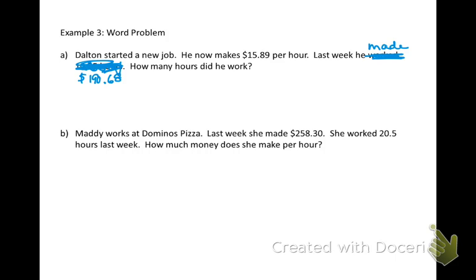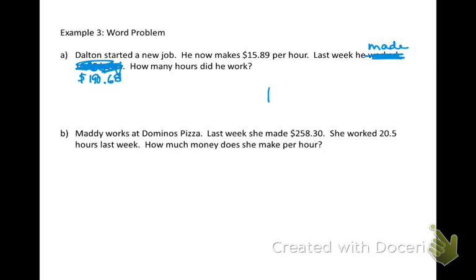So it's now Dalton started a new job. He now makes $15.89 per hour. Last week he made $190.68. How many hours did he work? Well, since it's both money, you are going to divide them.